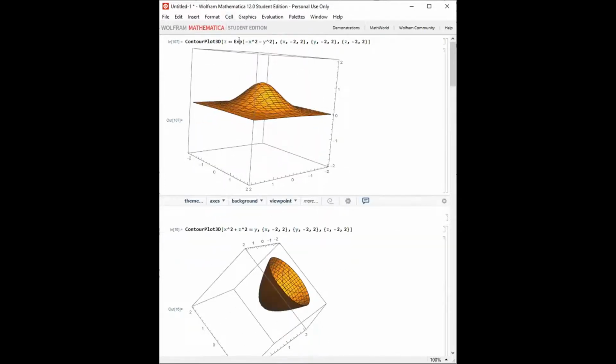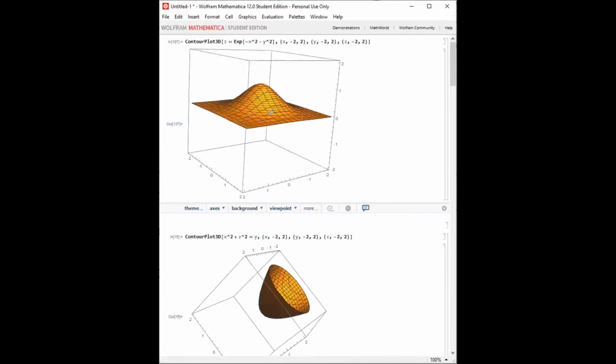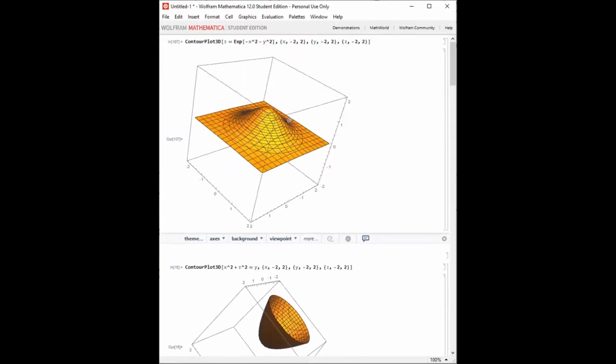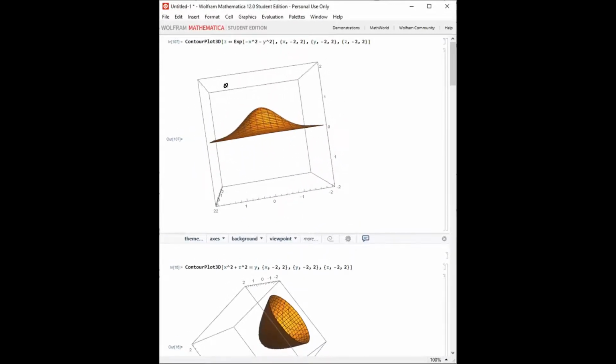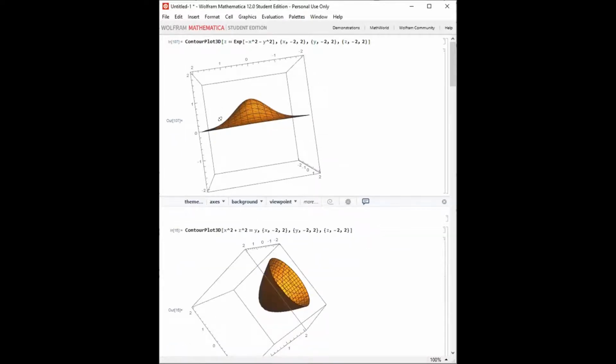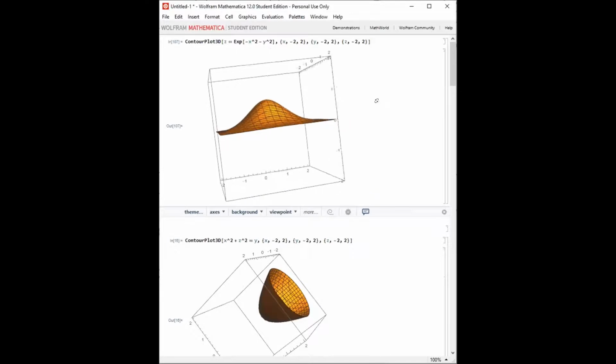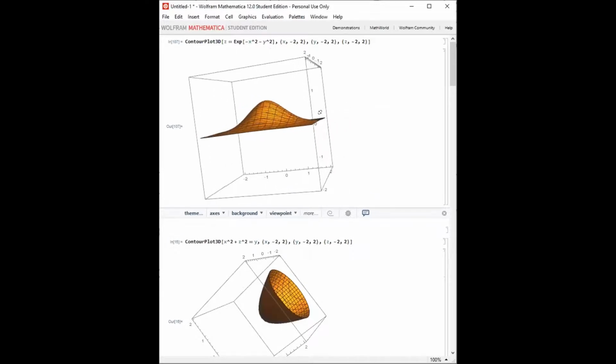So here we're looking at e to the negative x squared minus y squared. And you can kind of imagine that you look at it from the side. This looks a lot like just e to the negative x squared, or e to the negative y squared, depending on if you do it from whatever angle. That is actually called a Gaussian.